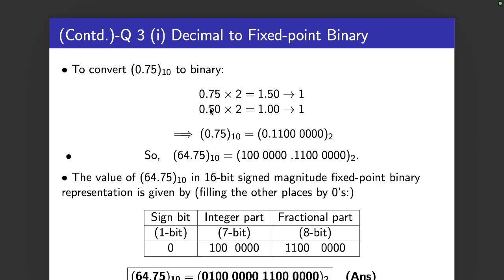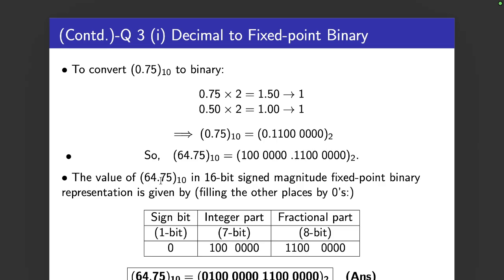Next, the fraction part 0.50 multiplied by 2 gives 1.0, so the integer is 1. So 0.75 in decimal converts to binary as 0.11, and the other places are filled with zeros. So 64.75 in decimal converts to binary form as 1000000.11, with the other places filled by zeros.